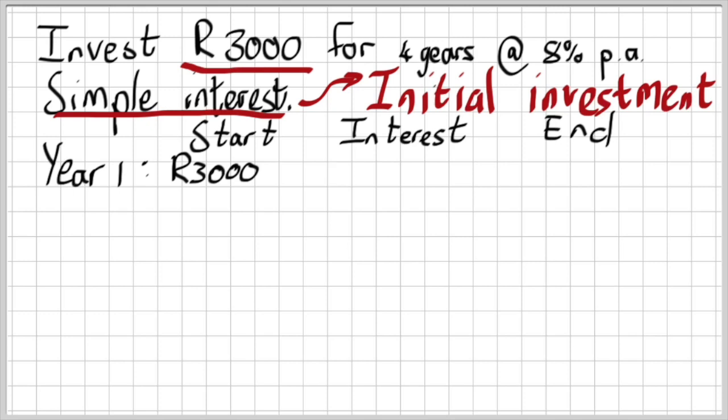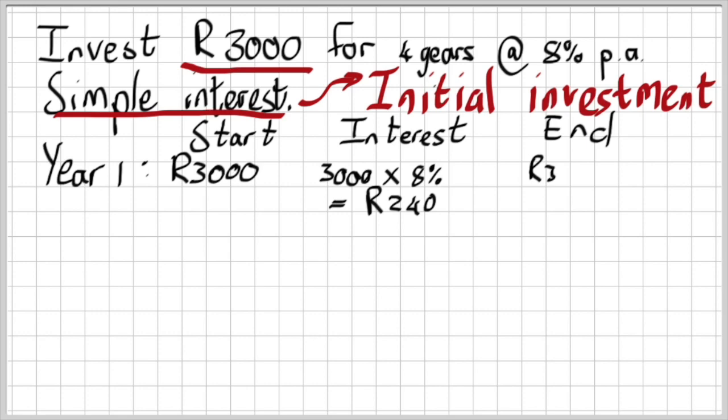Then, at the end of that year, that 3,000 Rand is going to grow with interest. But how much interest? That is going to grow at 8% interest. Meaning, if I put that in my calculator, the amount of interest is 240 Rand.